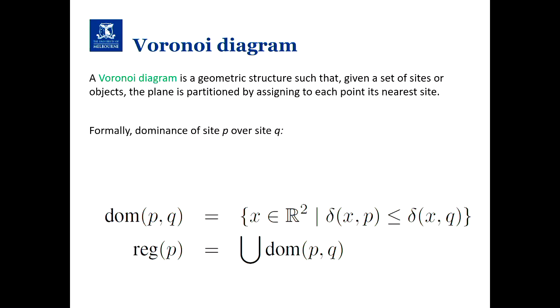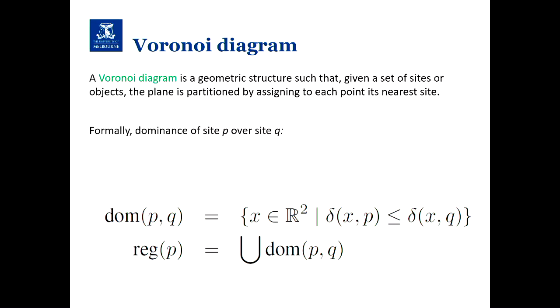So, remember how we talked about cells and partitions? Hopefully you do. Because now we're talking about something that can be derived from that. And there's a class of structures which are called Voronoi diagrams. In other terms, these can be called Thiessen polygons. And we use here also the term of dominance, and that is spatial dominance.